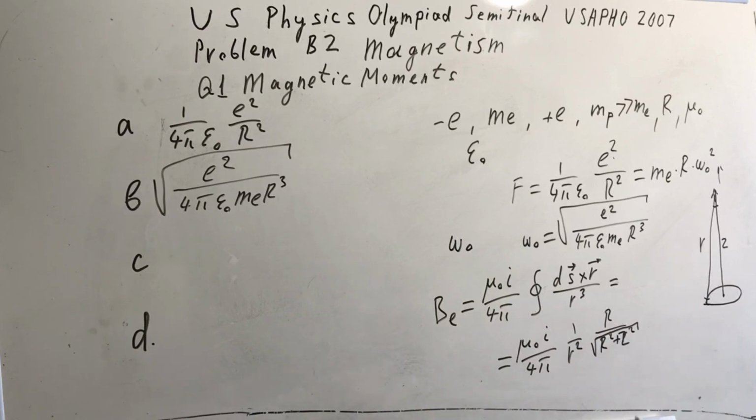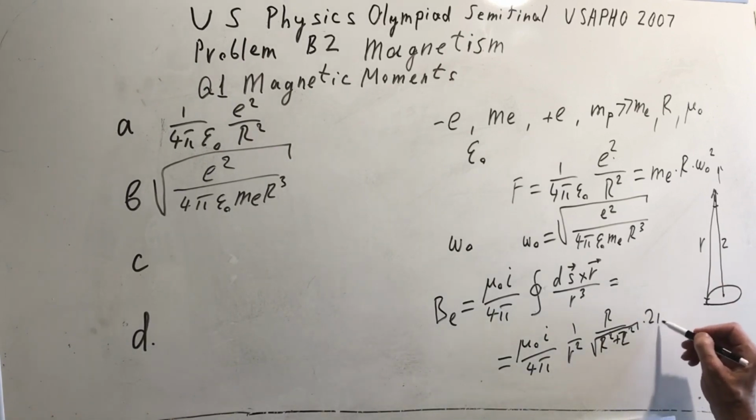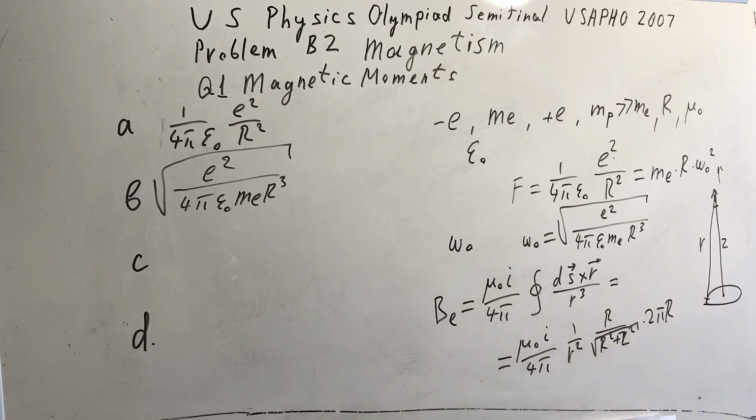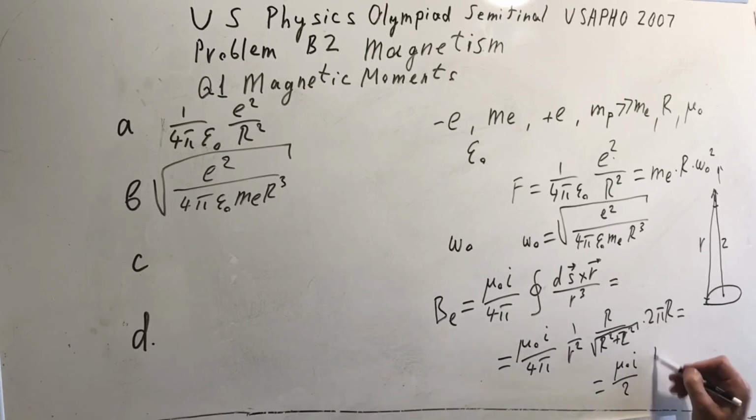So that's the expression, and we need to integrate it over the circuit, which is just 2 pi r, and finally we have this answer. This will be mu0 I over 2, and here we have r square over r square plus z square to the power 3 over 2.